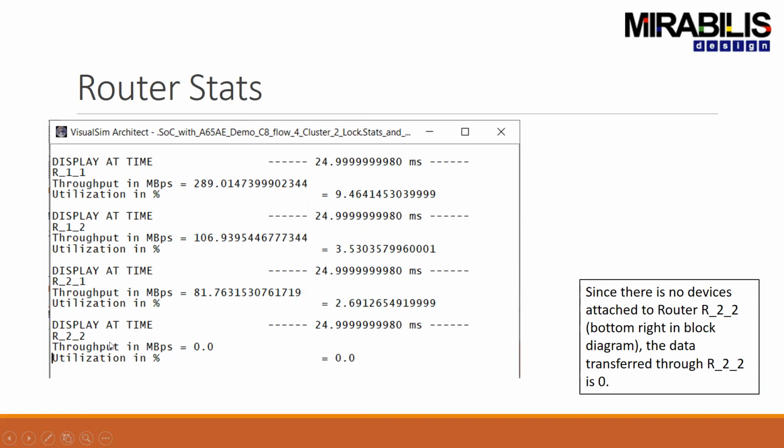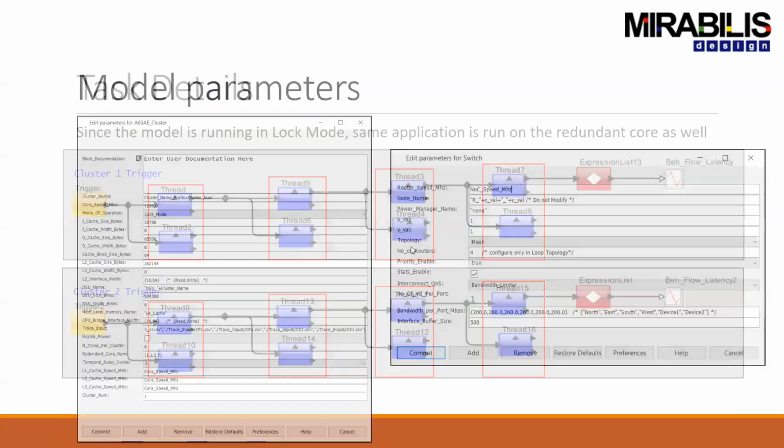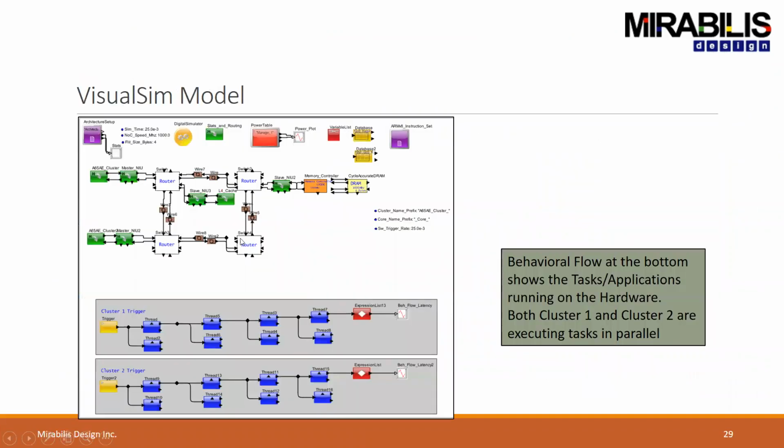We can see here that for R22, the utilization or the throughput is 0 because there's no device connected to the R22 router, which is over here. Let me show you this one. This is R22, and no packet goes through here. All of them are taking this path because we are using the XY routing algorithm.